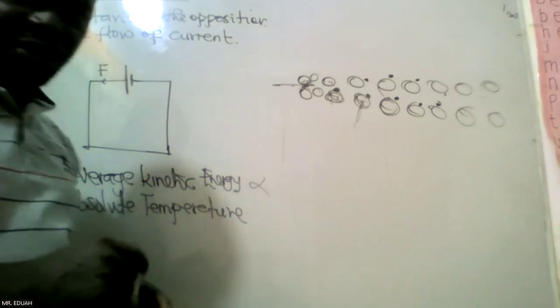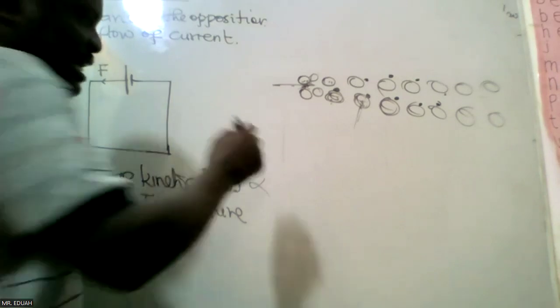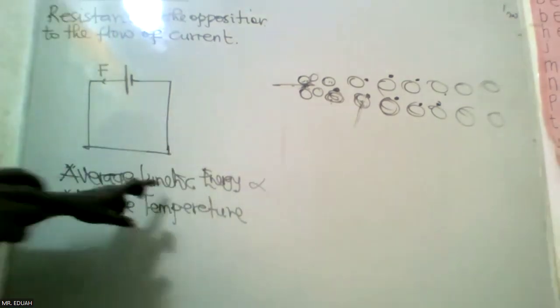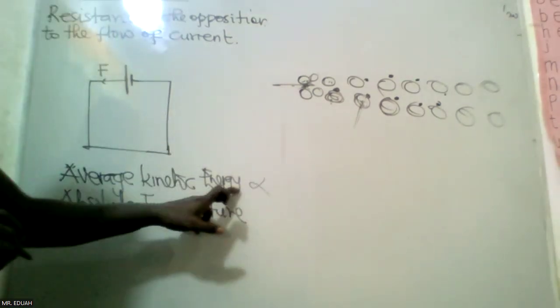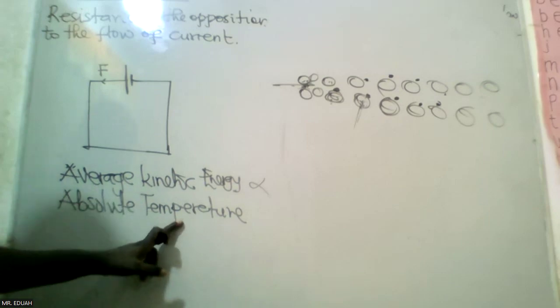Now, the reason why increasing temperature affects current flow is that, as I said, average kinetic energy is directly proportional to absolute temperature.